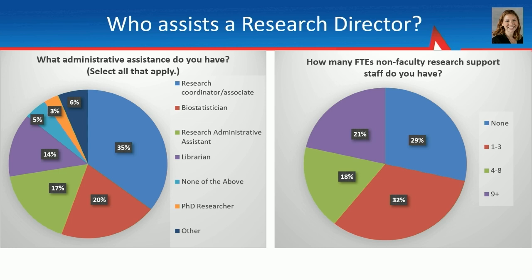We also asked how many FTEs of non-faculty research support staff do you have? 29% had none, and then the rest of the people had more. The most common response here was 1 to 3, and 21% had 9 or more. So there's a lot of variety, a lot of differences between the different programs. Some have a lot of infrastructure, and some have none to very small.